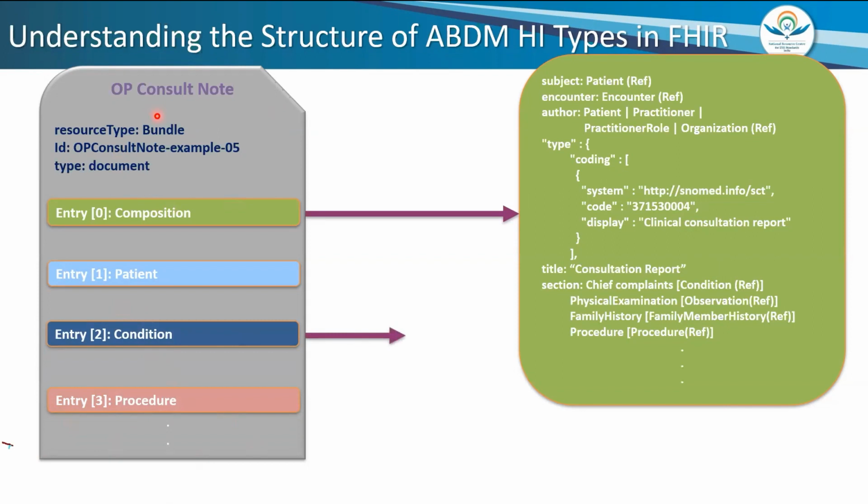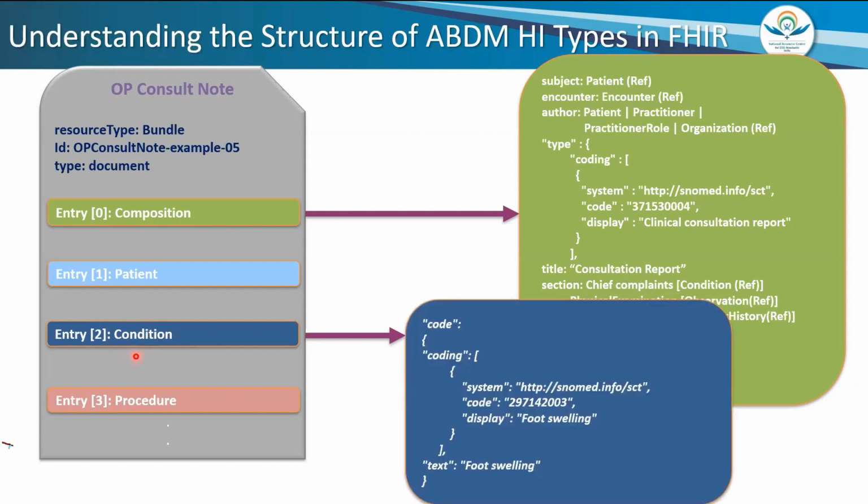Now this is one of the standardizations where we have achieved a specific structure, right? Whenever you see condition, as in the chief complaint section, the information is referred by a condition. If you go into the details of the condition, it actually contains the content of the record, what exactly the condition is, and it is also terminology enabled, where SNOMED CT is identified as the primary terminology.